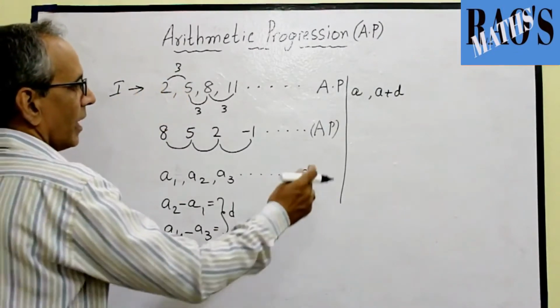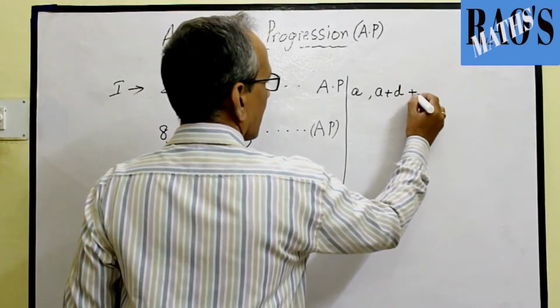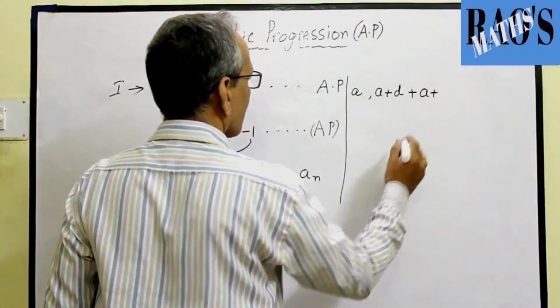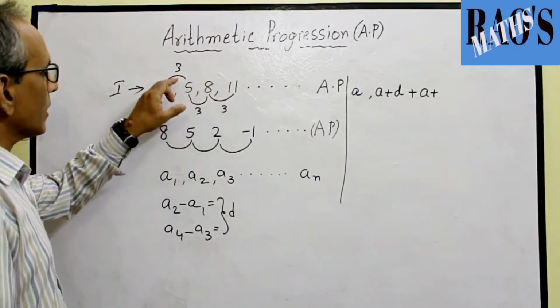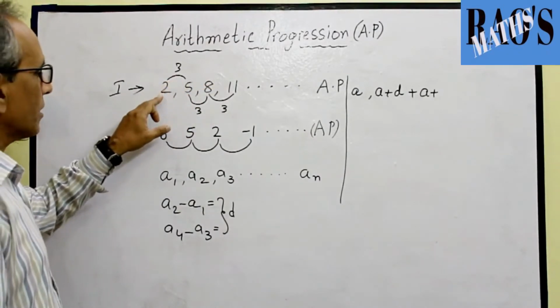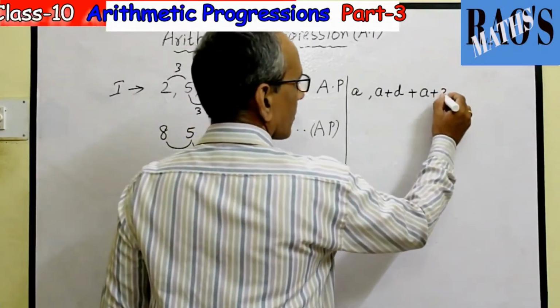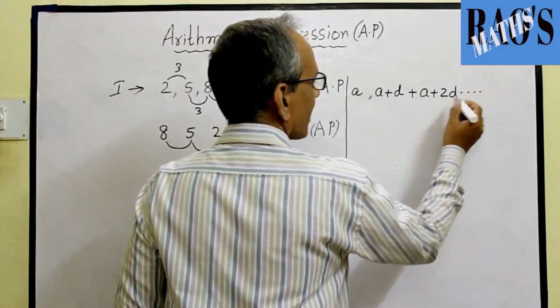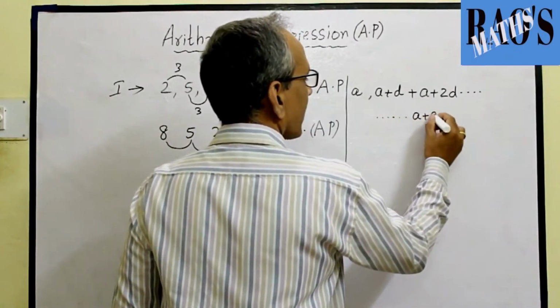And the next number, A plus, what is added to 2 to get 8? 2 times the common difference. That means A plus 2D. Now you got the pattern, I think. A plus 9D.